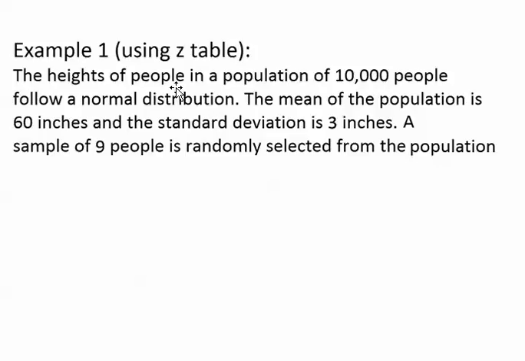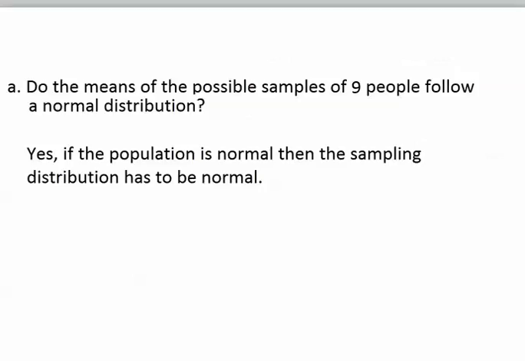Well, this question tells us that the people in the population follow a normal distribution. The heights of the individual population members have a normal distribution. And we know that if the population is normal, the sampling distribution is always normal. That means that the answer to this question is yes, the sampling distribution is normal.